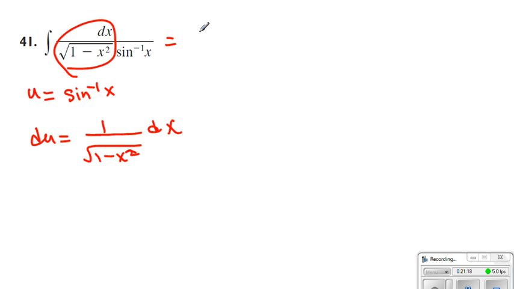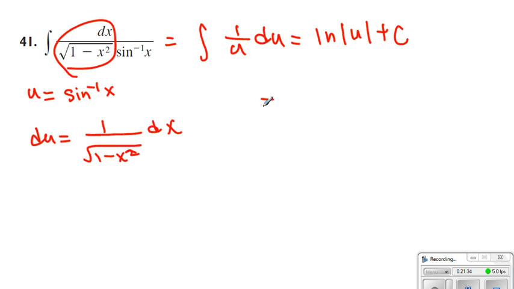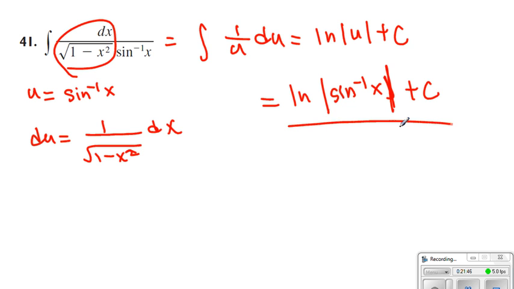So this becomes integral of 1 over u du, which is equal to ln of u plus c. Since u equals arc sine of x, we end up getting ln of arc sine of x plus c. That becomes our final answer.